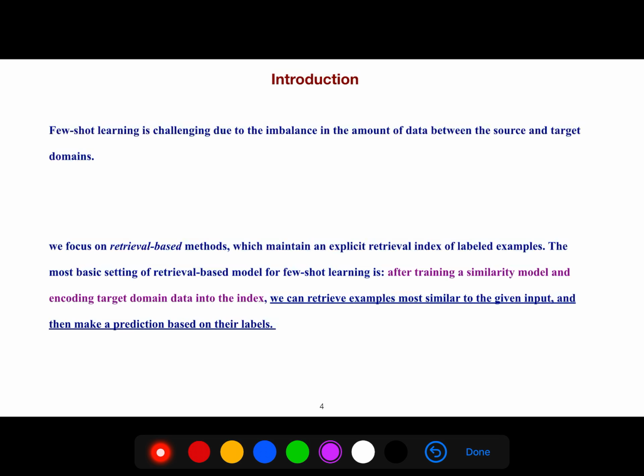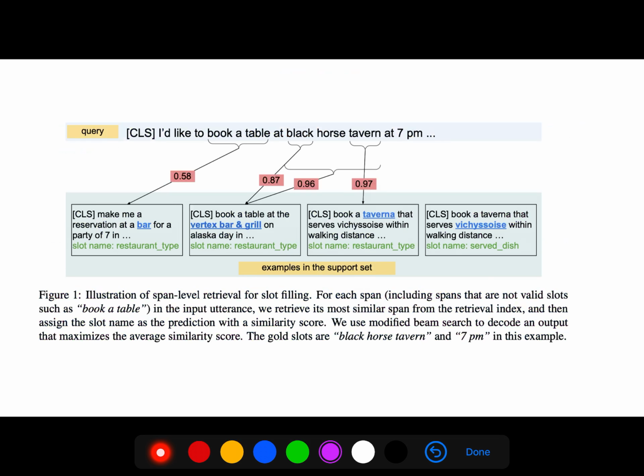We focus on retrieve-based methods, which maintain an explicit retrieval index of labeled examples. The most basic setting of retrieve-based model for few-shot learning is, after training a similarity model and encoding target domain data into index, we can retrieve examples most similar to the given input, and then make a prediction based on their labels.